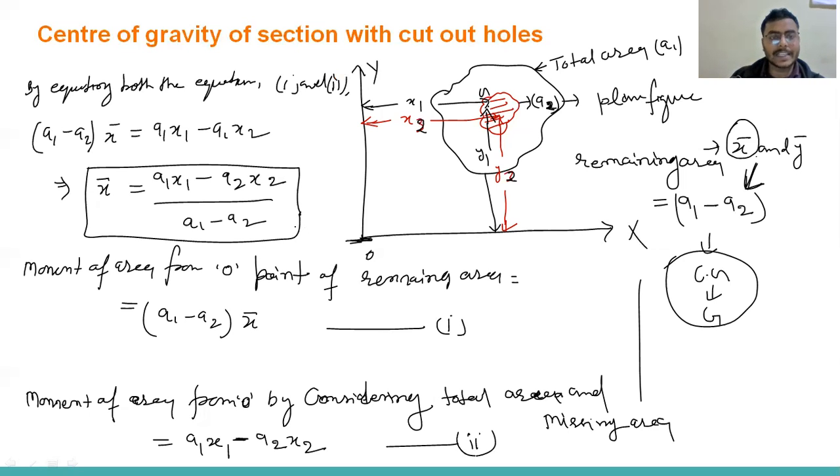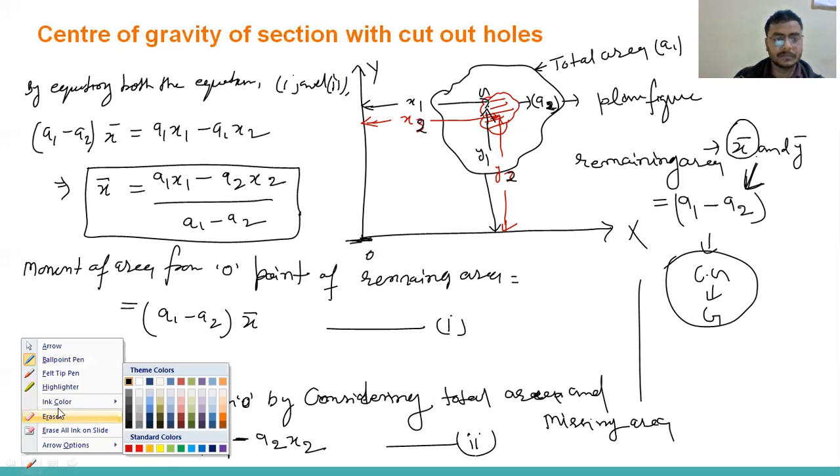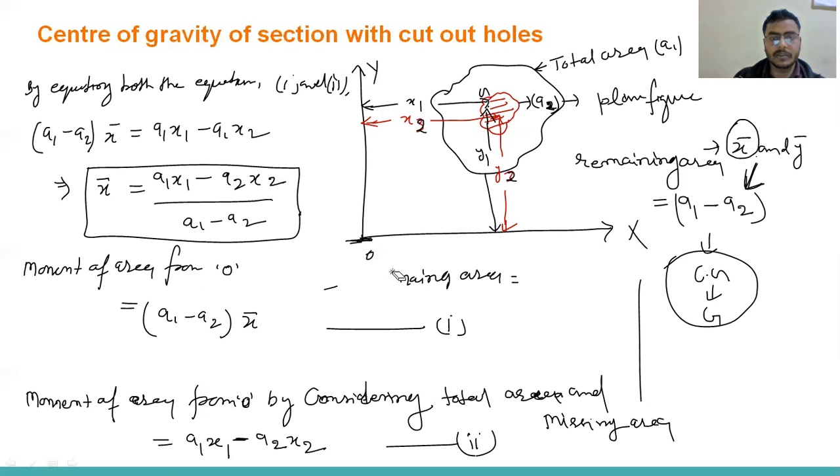So this is the general expression to calculate the center of gravity of a section with cutout holes. Similarly, you can write for y bar also.